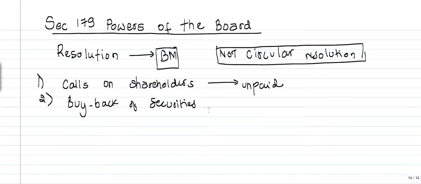When we go to buyback of securities, we have some conditions, like 10% and all, under Section 68. So the power is given to the board, but Section 68 has to be followed.